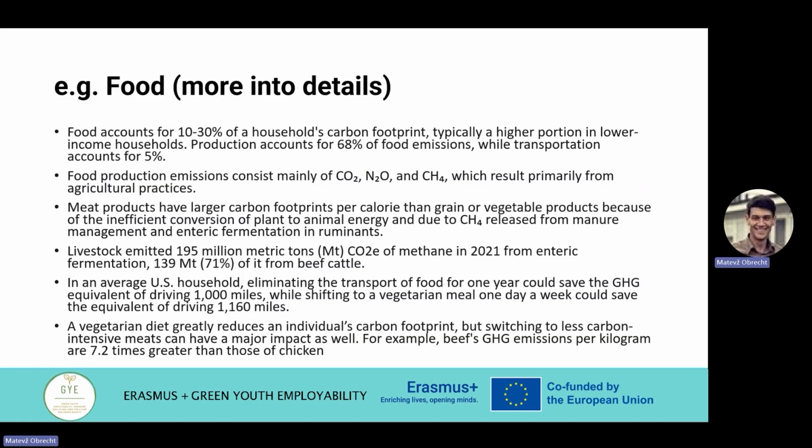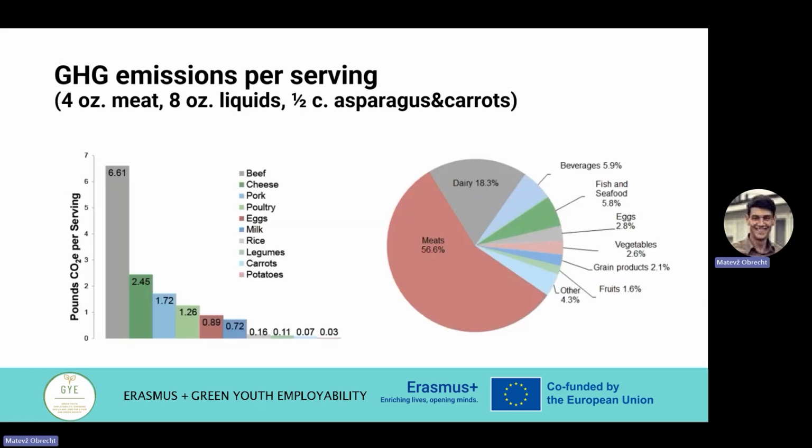A vegetarian diet greatly reduces carbon footprint, but even switching from carbon-intensive meat to, for example, chicken or poultry can make a big difference. To show you the results, not just talking about it, you can see here, beef, for example, has almost 6 times bigger carbon footprint than poultry.